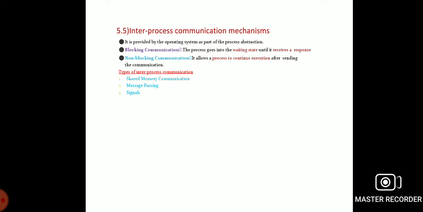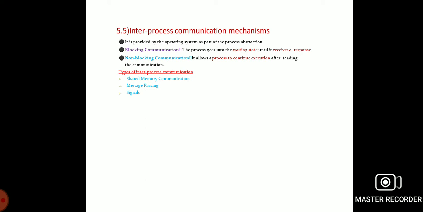So what is the inter-process communication mechanism? It is provided by the operating system as a part of the process abstraction. There are two ways of communication, that is blocking communication mode and non-blocking communication. In blocking communication, the process goes into the wait state until it receives a response.